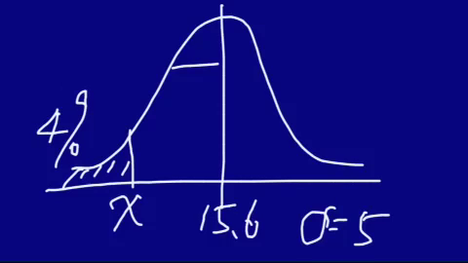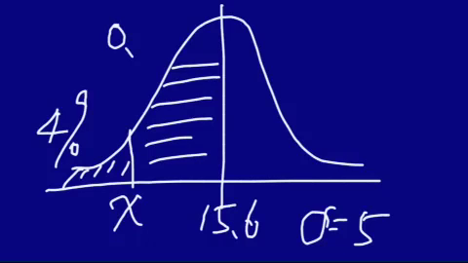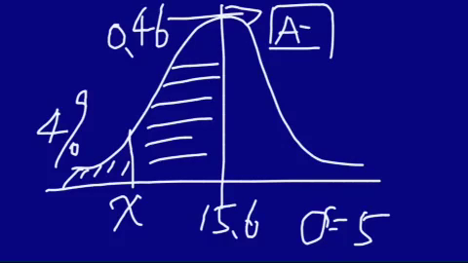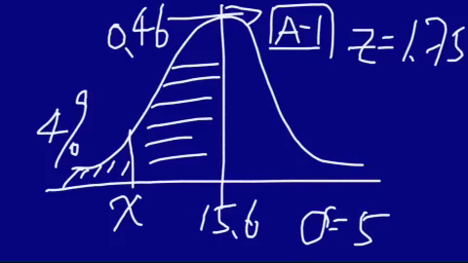And that means this part, which is between random variable and the population mean, is 0.46. And from this, we go to table A1, and we get our z-score is 1.75. But don't forget, this z-score comes from the variable below the mean, so the z-score is minus 1.75.